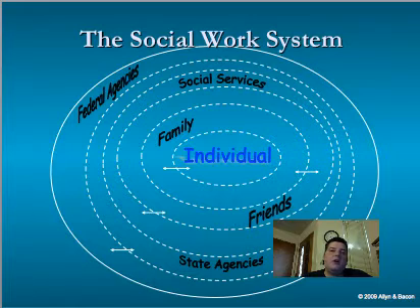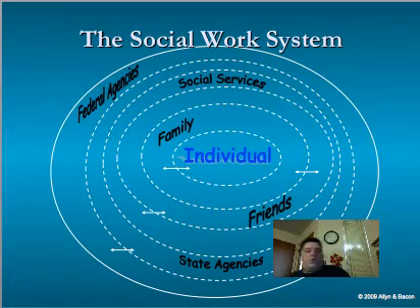This is one limitation of systems theory, where weak links in the system can be seen as causing failure or breakdown in the delivery of services.